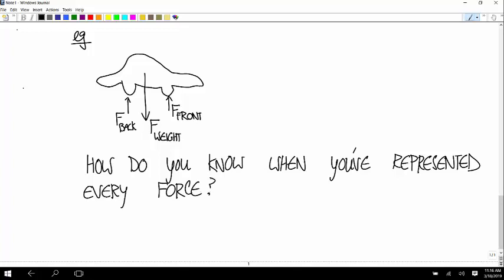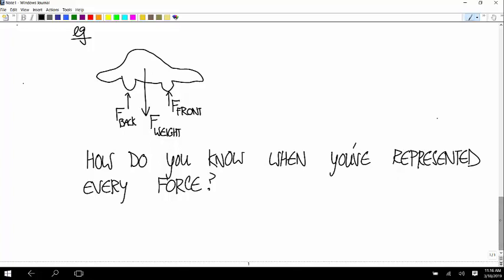The answer is, there'll be cases where you'll look at a problem and there's just so much going on, your brain wants to short circuit. But if you're disciplined about thinking about what types of forces there are, you can get past that. There are only two types of forces that we're going to deal with.